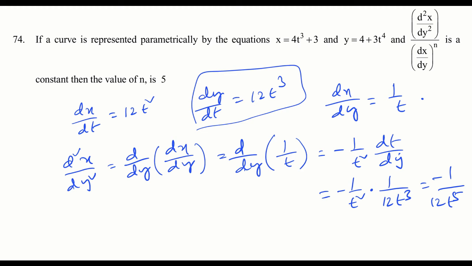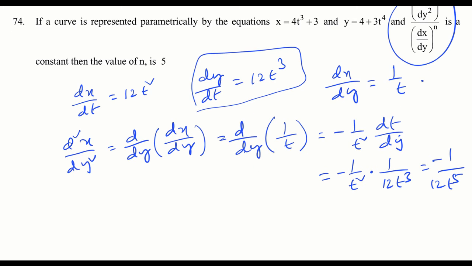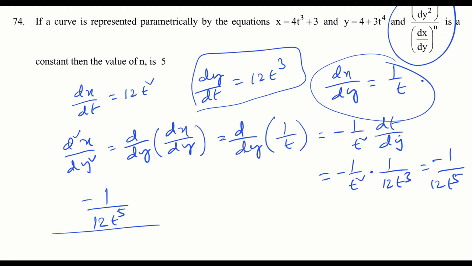Now using this whole information, we have the numerator as minus 1/12 t⁵, by the denominator (dx/dy) whole power n.